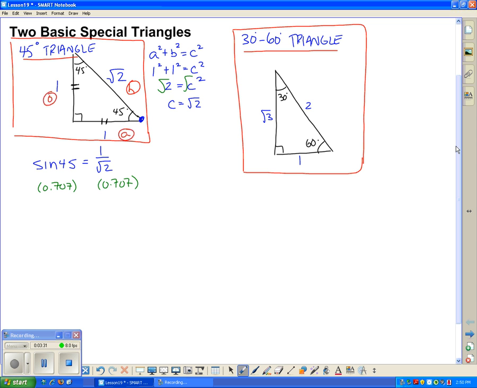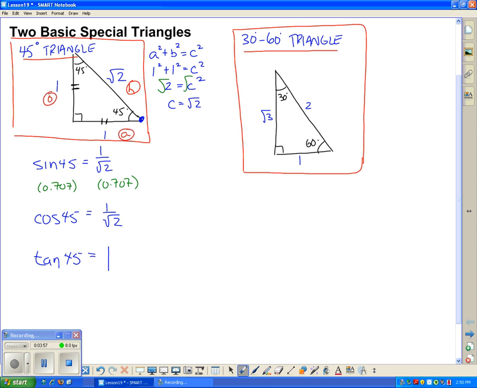So sine of 45 is 1 over root 2. Cos of 45 is adjacent over hypotenuse. So it's the exact same value, 1 over root 2. And finally, tan of 45, opposite over adjacent, 1 over 1. Tan of 45 is 1. So if you use your calculator and punch in tan of 45, it gives you exactly 1. So it's one of our special angles.